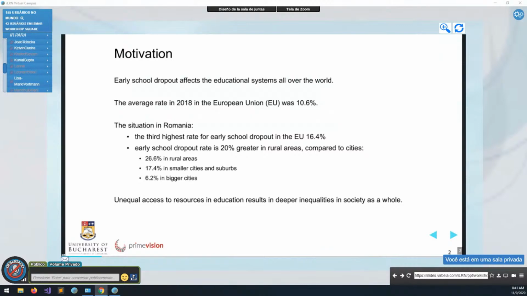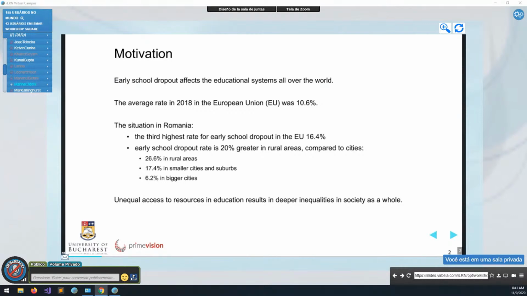Such a tool should be easily deployed at schools or at pupils' homes, and it should involve active or retired teachers as well as very good high school students or university students. So this is our idea as part of the solution to prevent early school dropout.